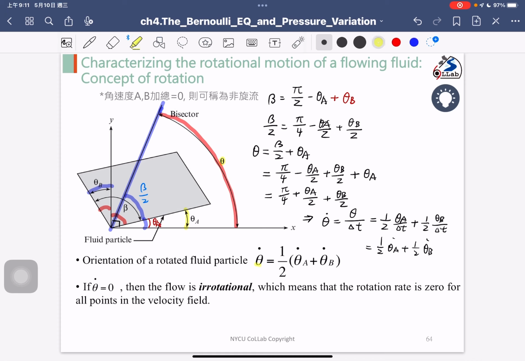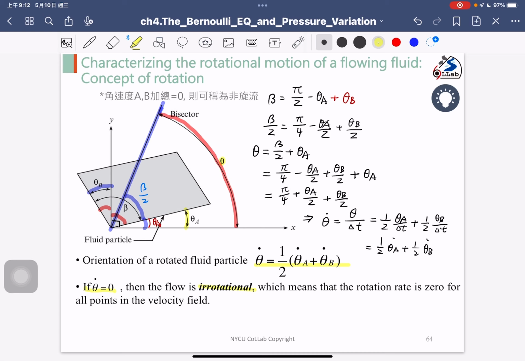We actually know the theta rate is equal to half of the theta A rate plus the theta B rate. Okay, and I emphasize the condition: if the theta rate is equal to 0, then we can call that the flow is a rotational flow. Okay, so the idea is if we can compute the theta rate, then we can identify whether the flow is rotational or not.